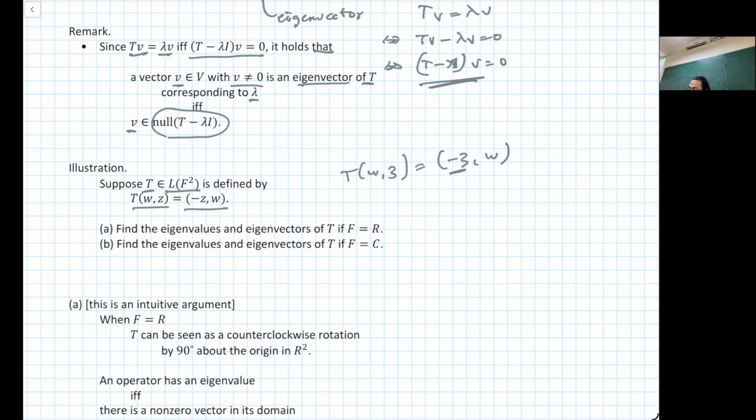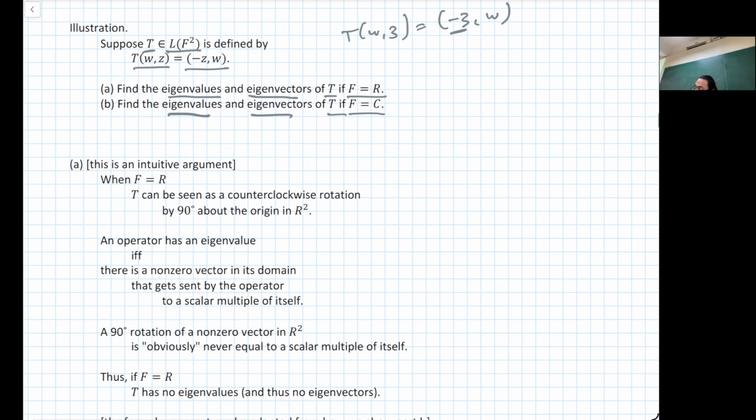So we want to find the eigenvalues and eigenvectors of T if F is real, and the other one is finding eigenvalues and eigenvectors if the field is complex. Remember I mentioned earlier that it matters what the field is, whether it's real or complex. It can change whether it would have an eigenvalue or not. So we'll see it in this example.